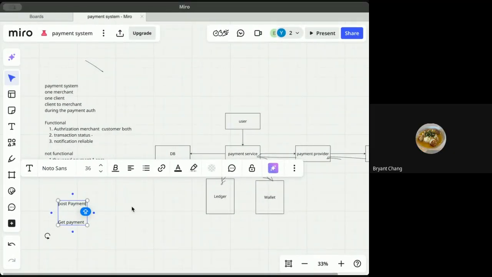Which component maintains these 2 APIs? I'm just asking. You mean like when the API updates or kind of like that, right?